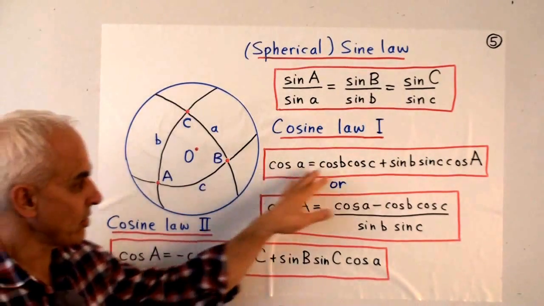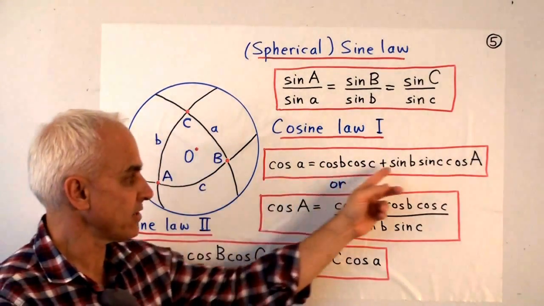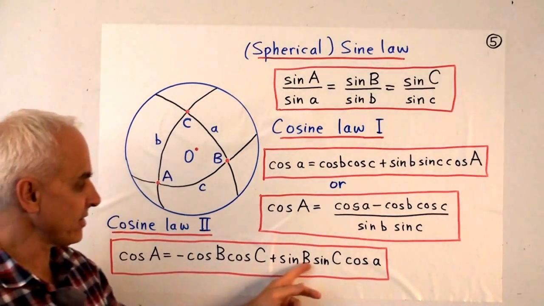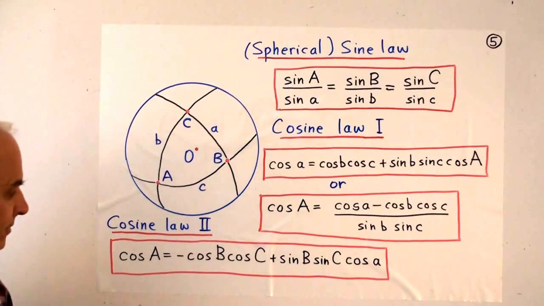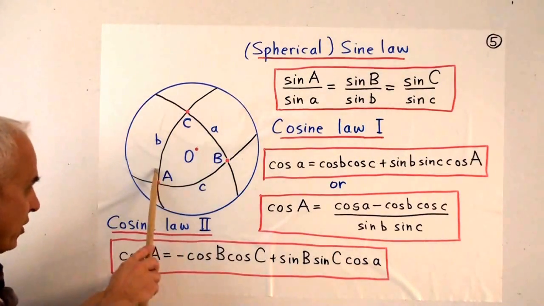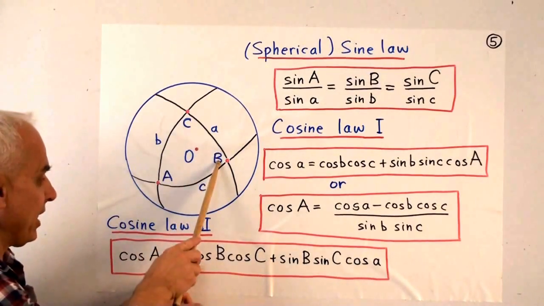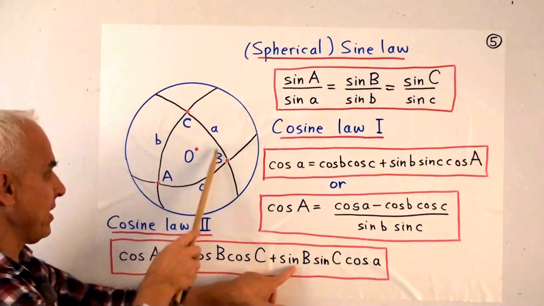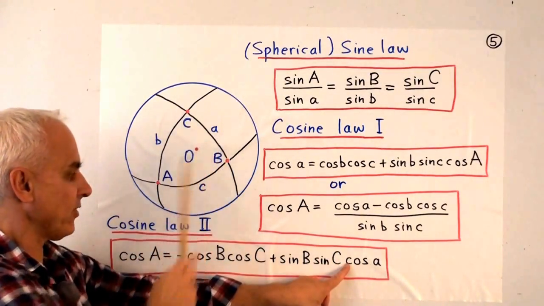That's the first cosine law, because there are two cosine laws. One that has only one angle in it and three spherical distances, and this other one which has three angles in it and only one spherical distance. It says that cosine of capital A equals minus cosine capital B times cosine capital C plus sine of capital B sine of capital C times cosine of the spherical distance a.